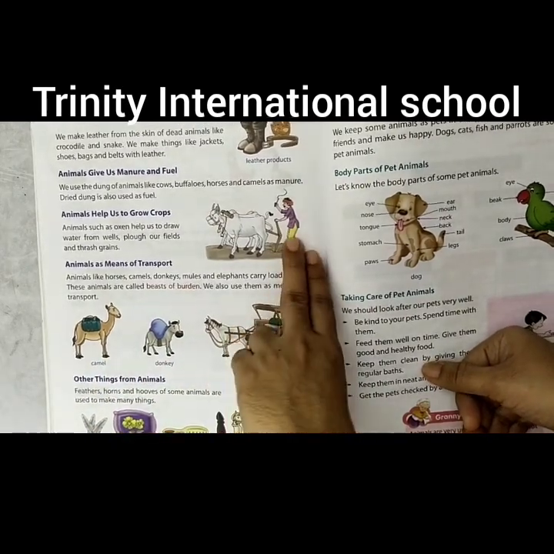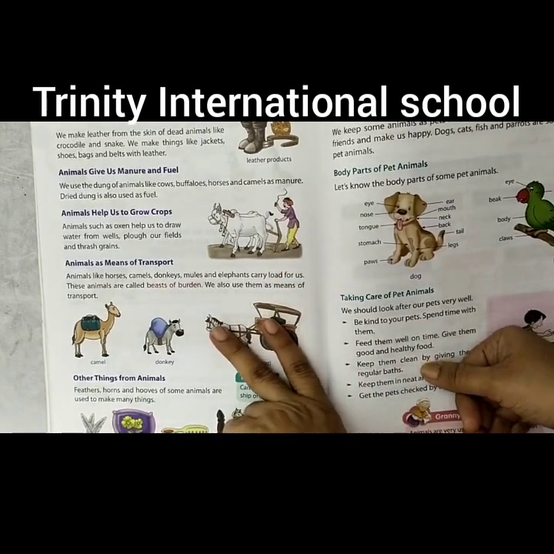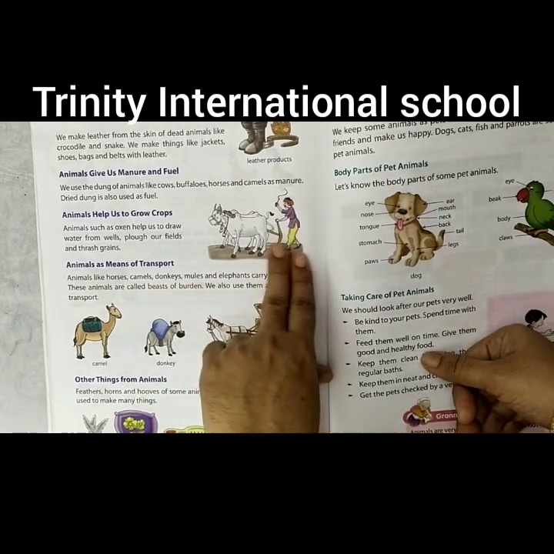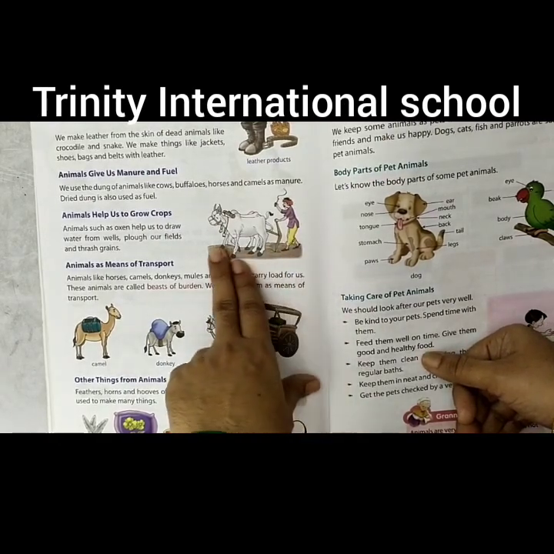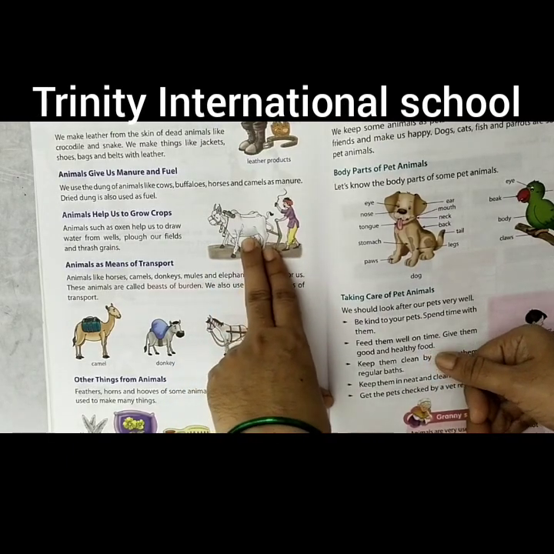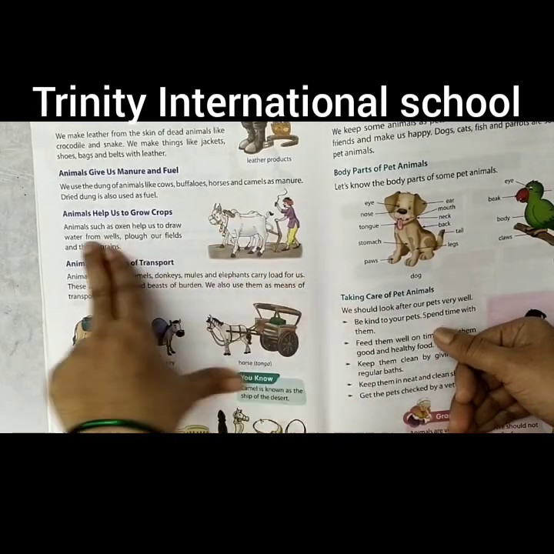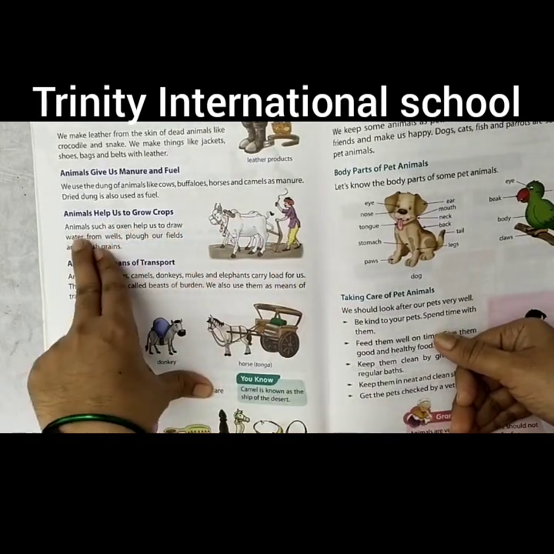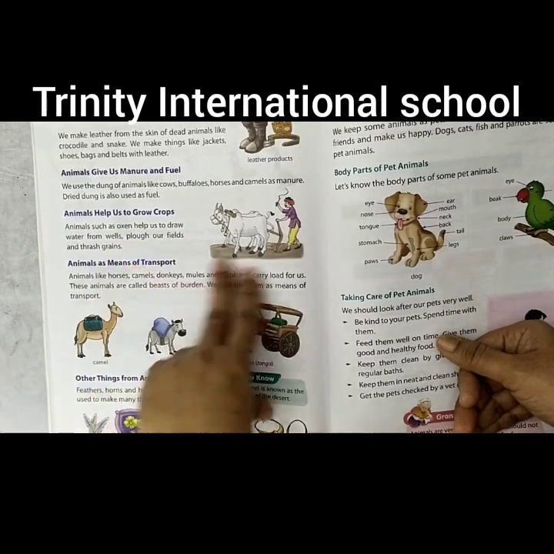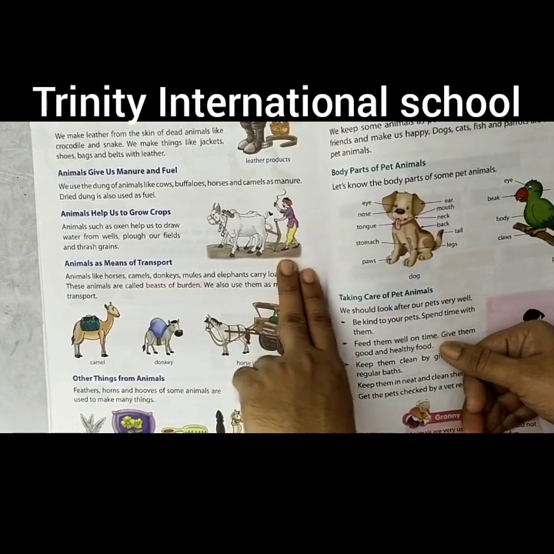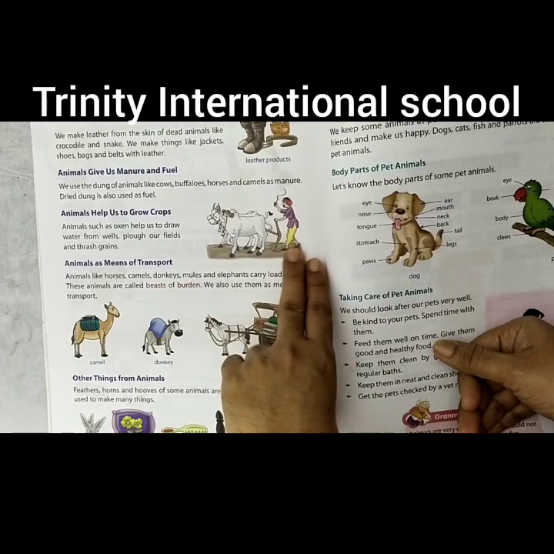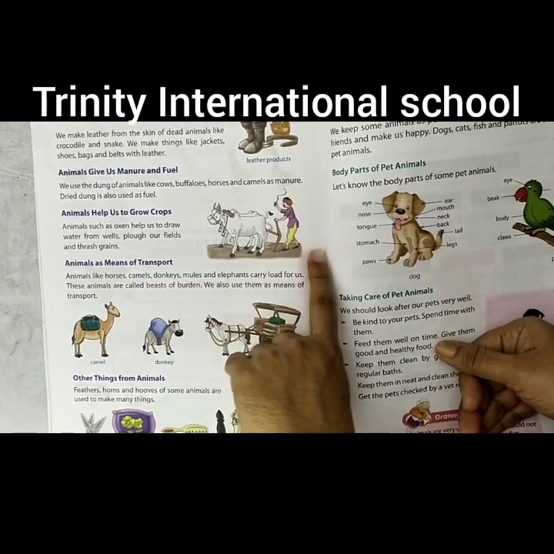Because farmers, you can see the farmers are using the animals for their plowing purpose. तो आप देख सकते हैं ये जो फार्मर है ये अपने खेती को प्लो कर रहा है और इसके लिए उसे एनिमल की हेल्प लेना ज़रूरी है. ठीक है, सो एनिमल्स सच एज ऑक्सन हेल्प अस टू ड्रॉ वाटर फ्रॉम वेल्स, प्लो आवर फील्ड्स एंड थ्रैश ग्रेन्स. तो यहाँ पर जो आपको पिक्चर दिया गया है, यहाँ पर देख पा रहे हो आप कि फार्मर अपने फील्ड को प्लो कर रहा है, है ना.